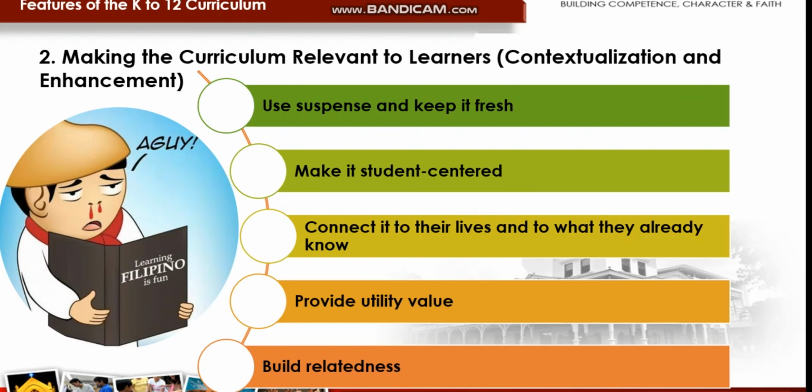Next, we have provide utility value. Utility value provides relevance first by telling students that the content is important to their future goals. It then continues by showing or explaining how the content fits into their plans for the future.